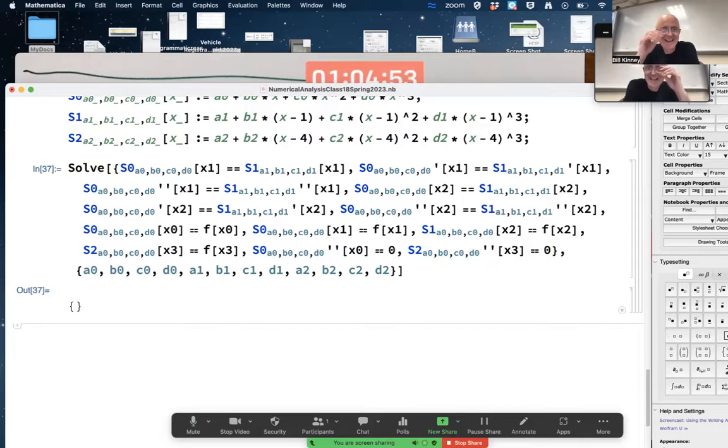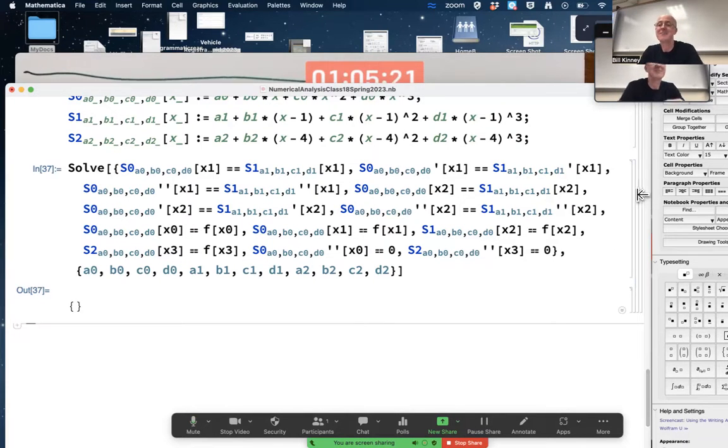Empty set. No solution. Okay. I'm not sure what's wrong. Do I really have 12 equations? 1, 2, 3, 4, 5, 6, 7, 8, 9, 10, 11, 12. Is it possible that the system is just inconsistent? I don't think so. I'm not sure what's wrong.